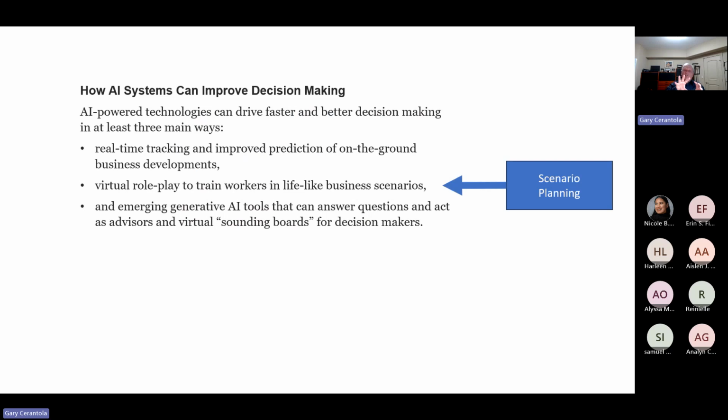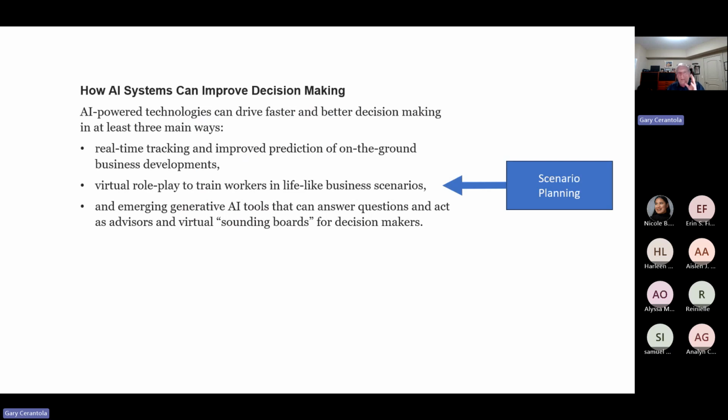And it's not the fact that one of them may happen, it's the fact that you brought the right kind of people together in the organization to think about how you would respond to those pieces. That's the key piece around scenario planning.